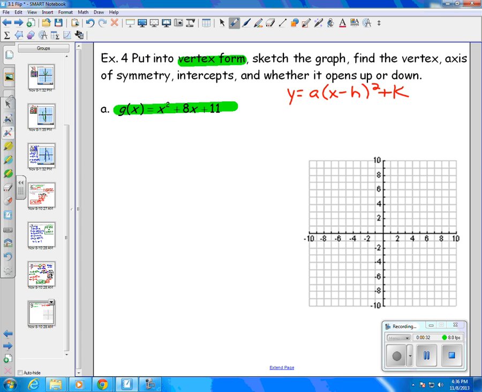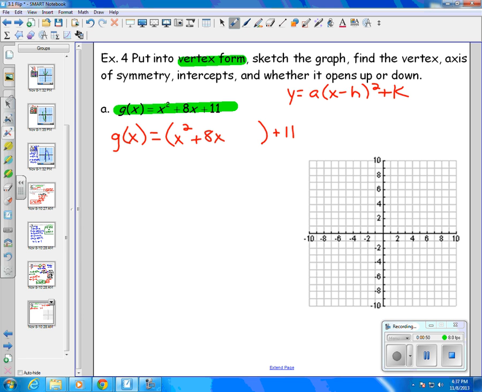So this is the structure that we will go through each time when we complete the square. We'll have g of x equals, and I'm going to take the quadratic term x squared and that linear term 8x and put them in parentheses. And I'm going to kick that constant term out.